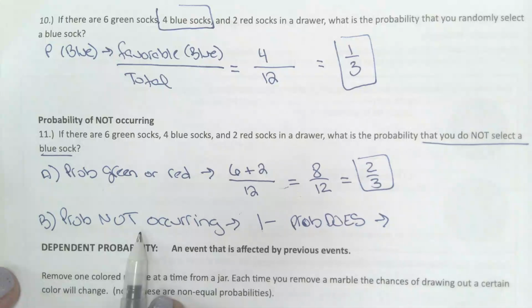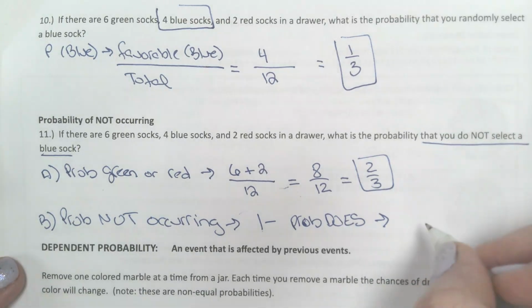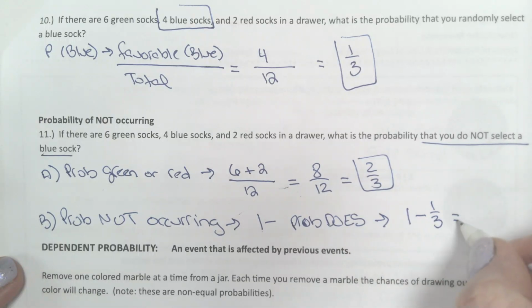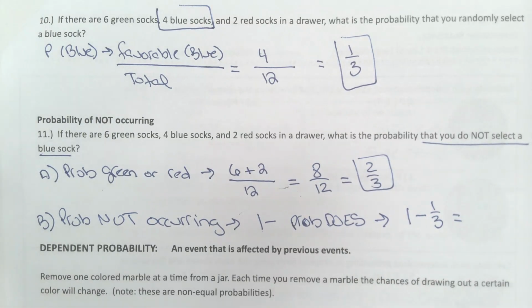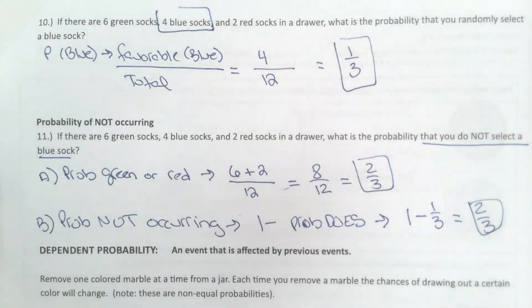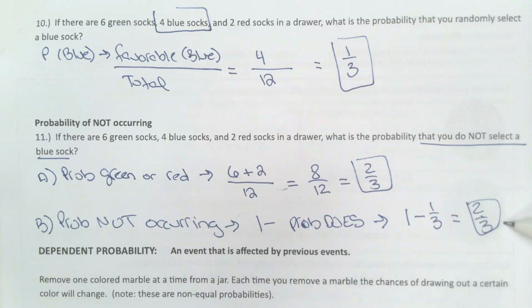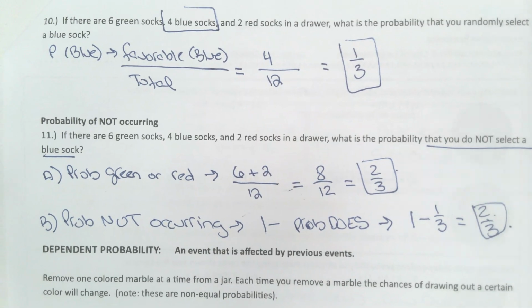And so the probability of something not occurring would be 1 minus the probability that it does, which is 1/3 in this case. And 1 minus 1/3 is 2/3. So you get the same answer either way. If you've already done the problem, then this might occur to you. If this doesn't occur to you, then you could do it the first way.